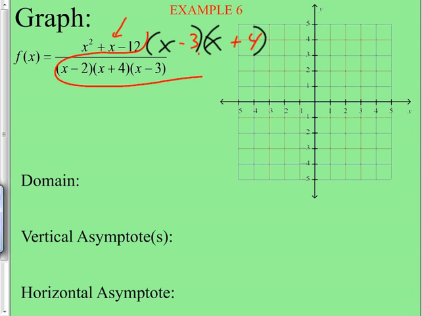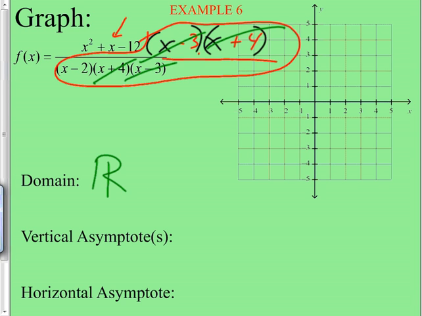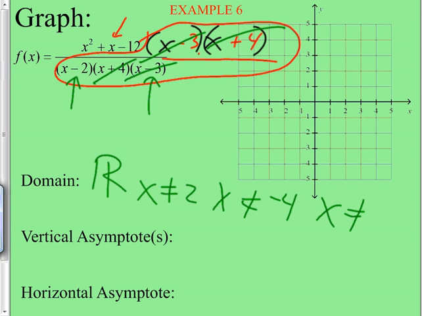As I look at this big fraction, I can cancel off that, and I can cancel off that. That means this is a holey function. It's got 2 holes in it. Okay? So the domain is all real numbers except x cannot be any of those 3 things that make it crash. x cannot be 2, x cannot be negative 4, and x cannot be positive 3.